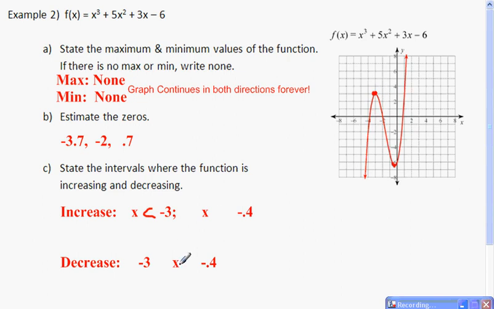So from -3, x has to be greater than -3. And the greatest point it goes to is that -0.4. So x can never be greater than -0.4. So x has to be less than -0.4, showing the range between the 2 points.